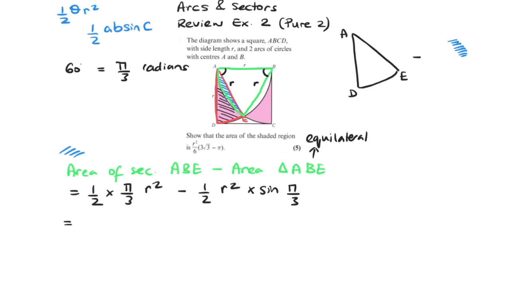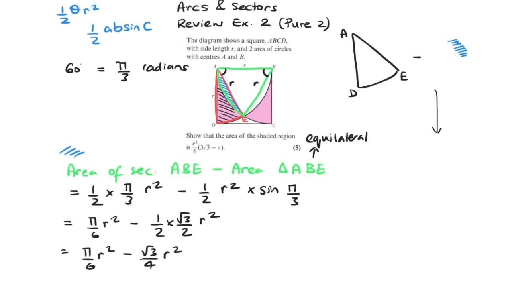So this will simplify to pi over 6 r squared minus, sine pi over 3 is simply root 3 over 2, which will give me root 3 over 4 r squared. So this is my area of the blue section, which we will now be able to incorporate into our final equation.